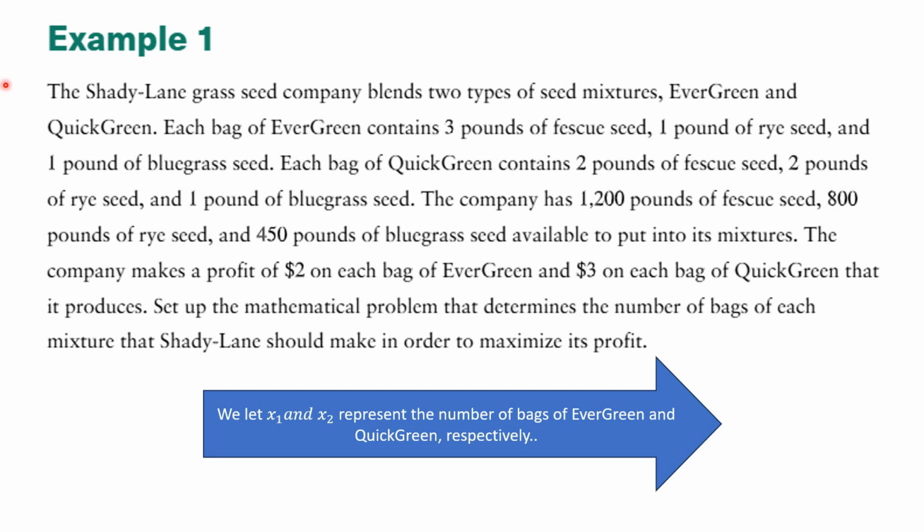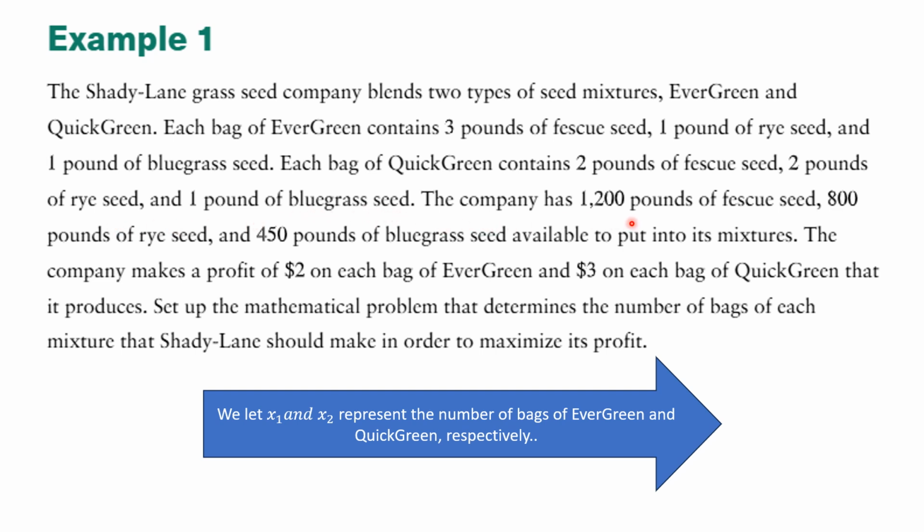Here's an example. The Shady Lane Grass Seed Company blends two types of seed mixture, evergreen and quick green. Each bag of evergreen contains 3 pounds of fescue seed, 1 pound of rye seed, and 1 pound of bluegrass seed. Each bag of quick green contains 2 pounds of fescue seed, 2 pounds of rye seed, and 1 pound of bluegrass seed.